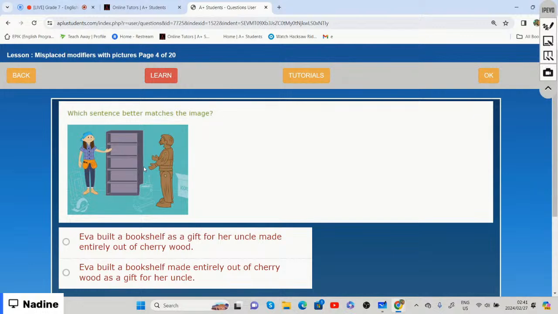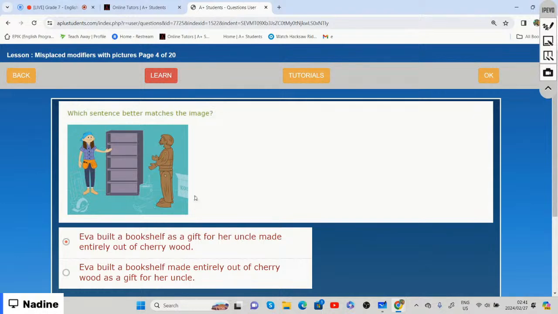So basically, the sentence needs to directly match the picture. So we shouldn't try to correct the picture, right? And if we select the sentence that better matches the image, then we can go with option 1 that says Eva built a bookshelf as a gift for her uncle made entirely out of cherry wood.